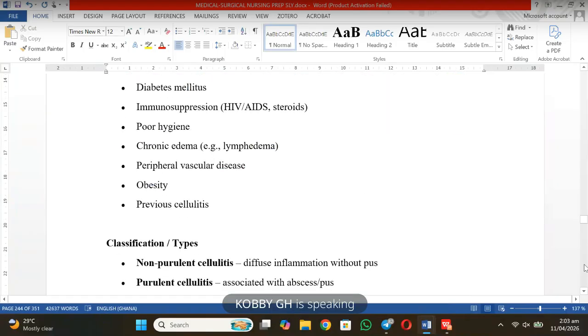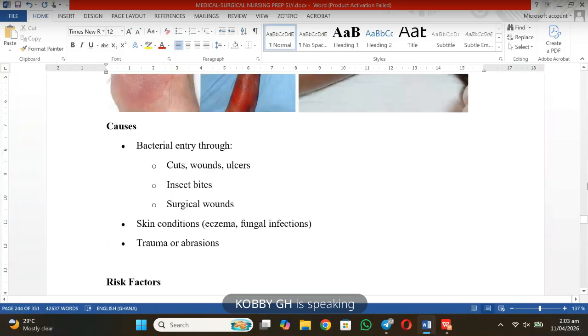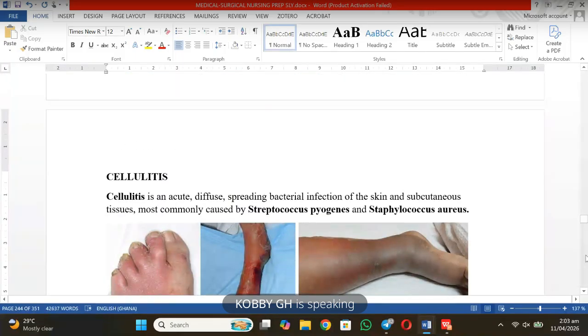One thing you need to remember is who can differentiate between cellulitis and a furuncle or a carbuncle?